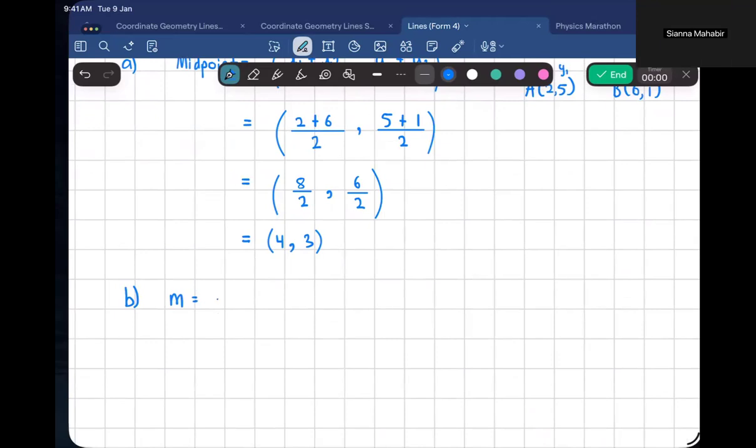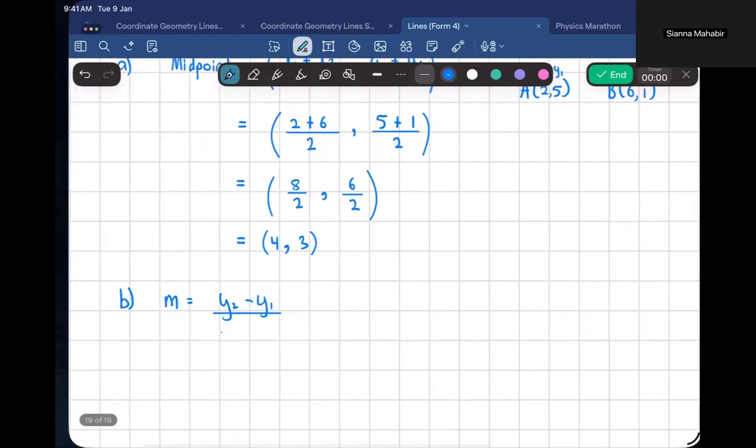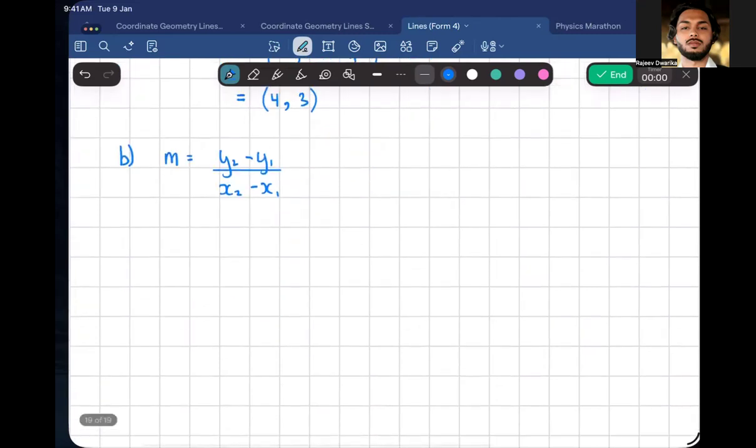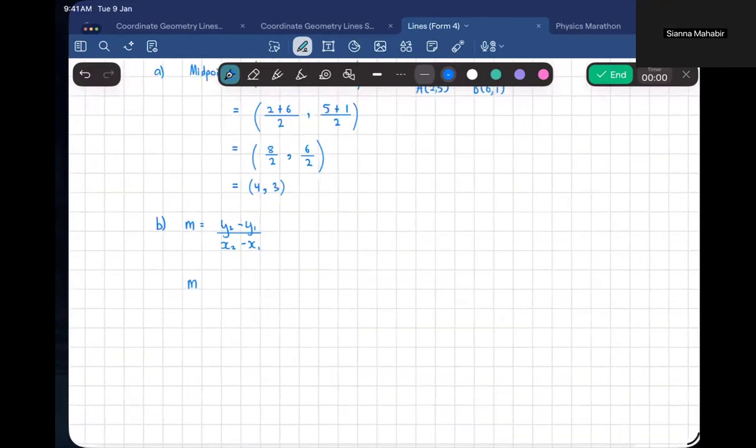The gradient formula is m is equal to y2 minus y1 over x2 minus x1. Right. So we want to find the gradient of line AB, right? Yeah. So guys, let me just show you something.